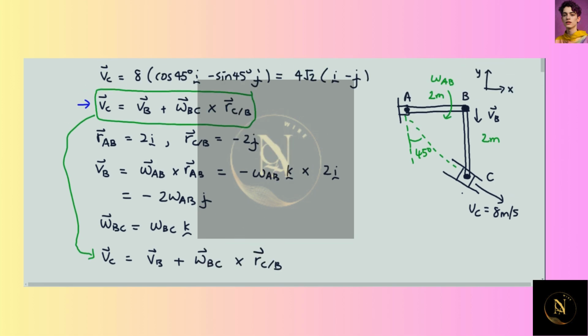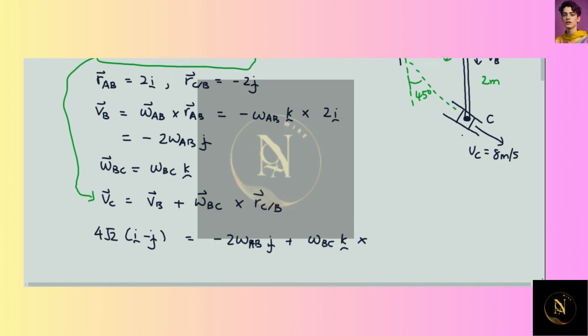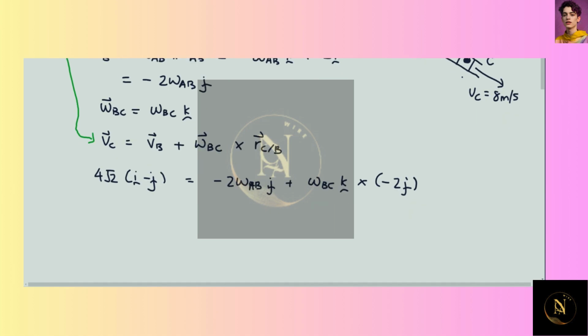This is VC at the left hand side. So 4 root 2 I minus J is equal to minus 2 omega AB in the J direction plus omega BC K direction cross minus 2J. Okay, this is the position vector of point C relative to B. So just keep going.